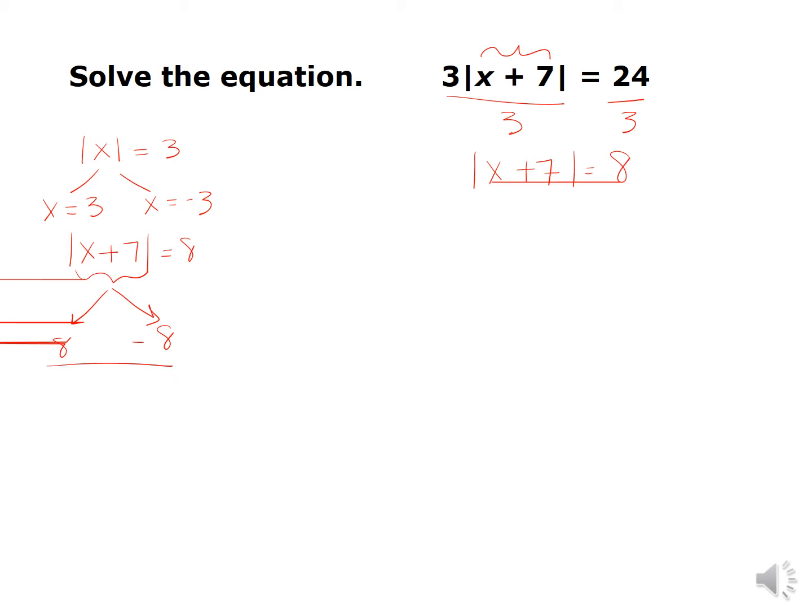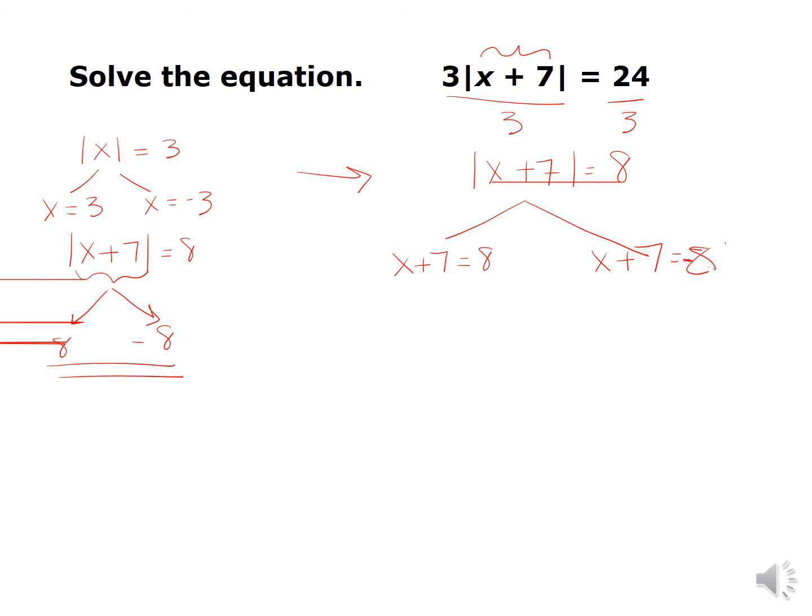But those are not your answers. So the first thing I'm going to do is split it. So now I'm going to have my two cases. x plus 7 equals 8, and x plus 7 equals negative 8.